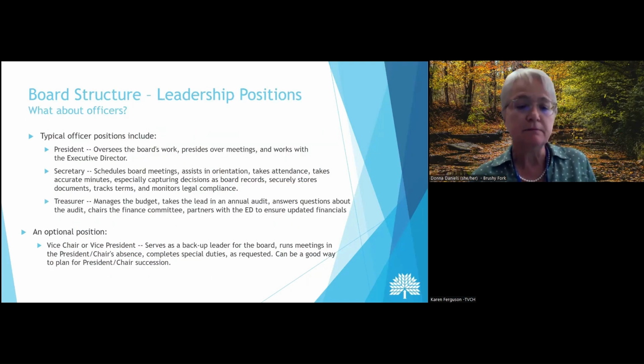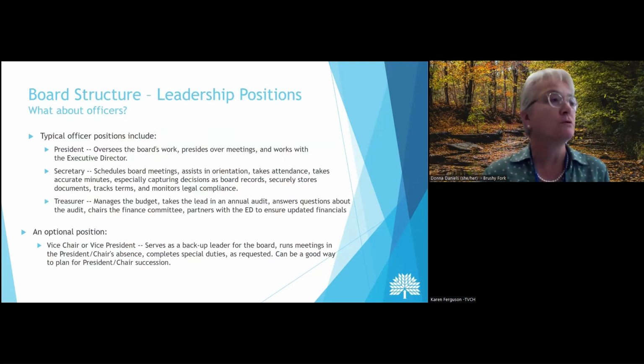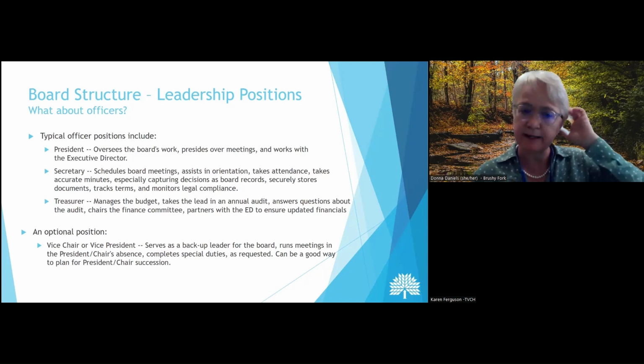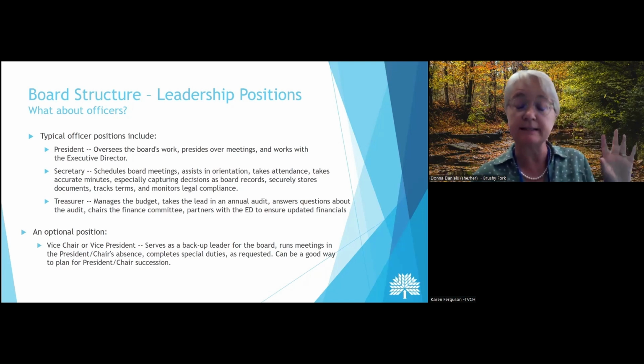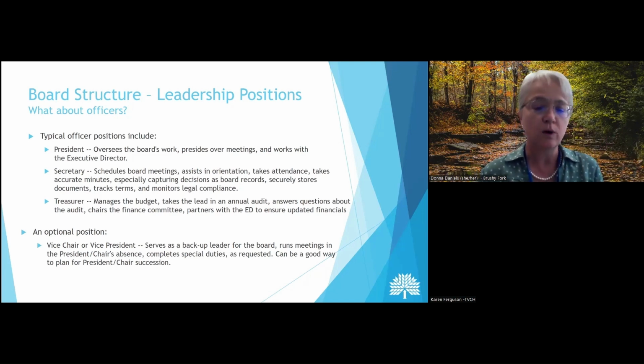So let's talk a little bit about the board structure and leadership positions. What about those officers? We mentioned that some of the regulations say that you have to have a president, secretary, and treasurer. And so what is it that those officers really do? The typical officer positions really do include those three: the president, the secretary, and the treasurer.